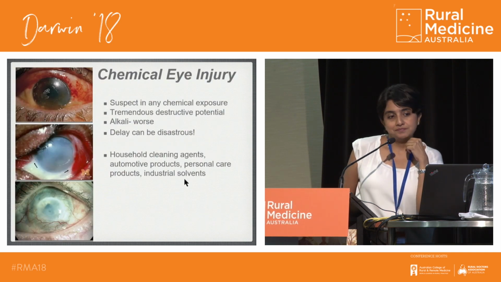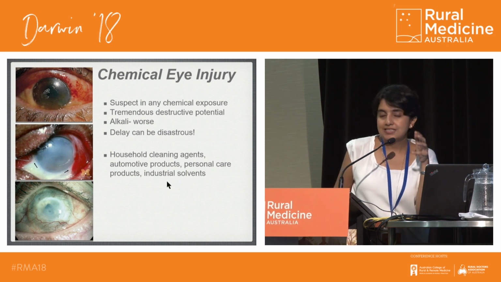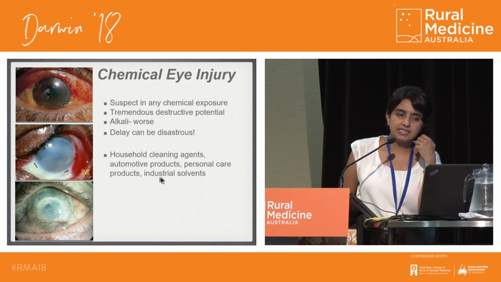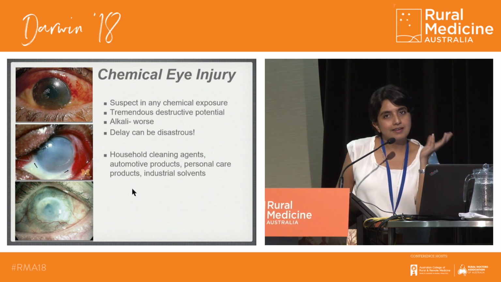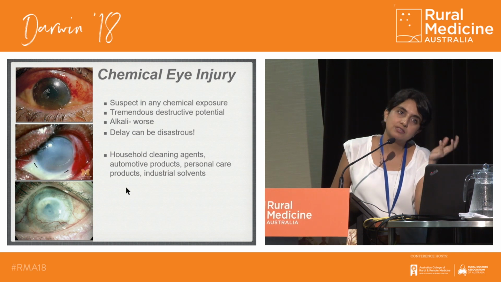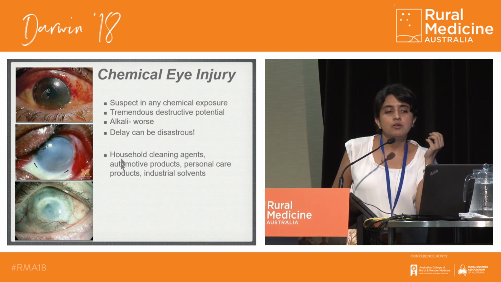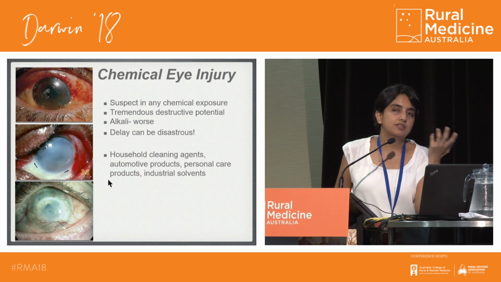Chemical eye injury can happen with any kind of chemical exposure. Alkali is worse than acid, so oven cleaners and bathroom cleaners are common things that can cause chemical injury to the eye. They cause a long-lasting, permanent effect on the limbal stem cells, and can cause limbal stem cell failure, which can have tremendous destructive potential to healing and vision in the eye.